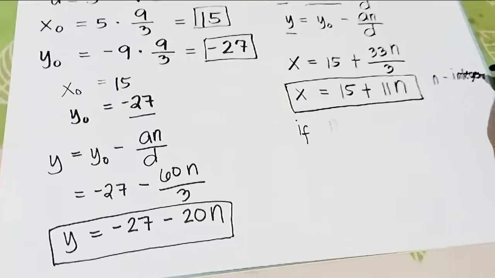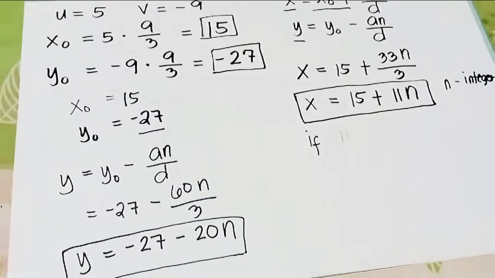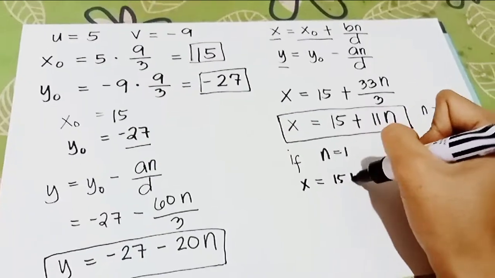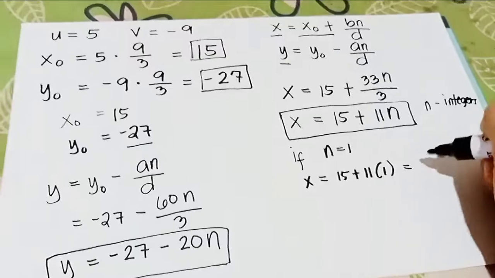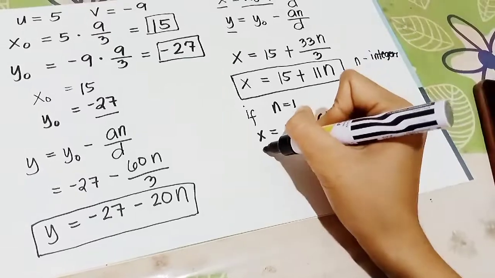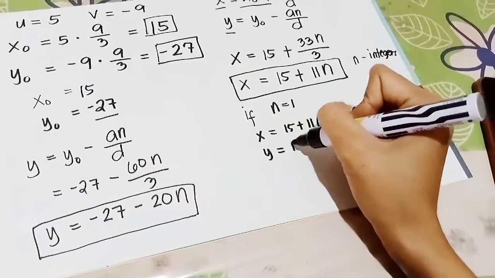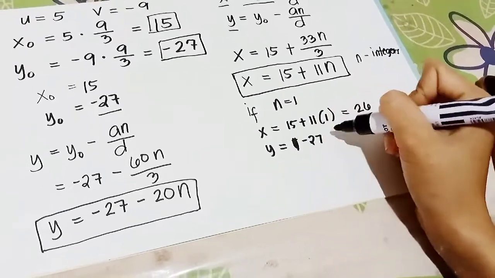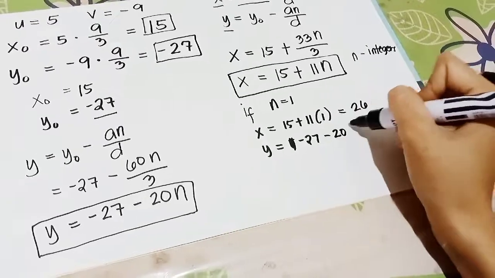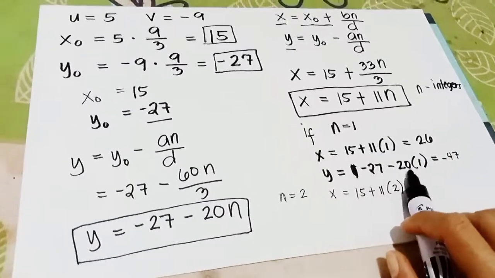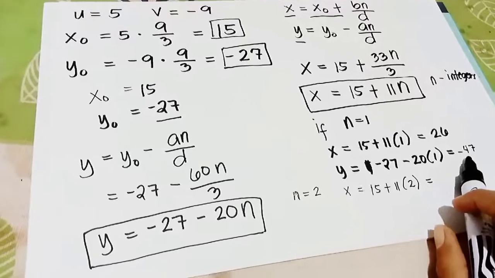If n equals 1, x equals 15 plus 11 times 1, which is 26, and y equals negative 27 minus 20 times 1, which is negative 47.